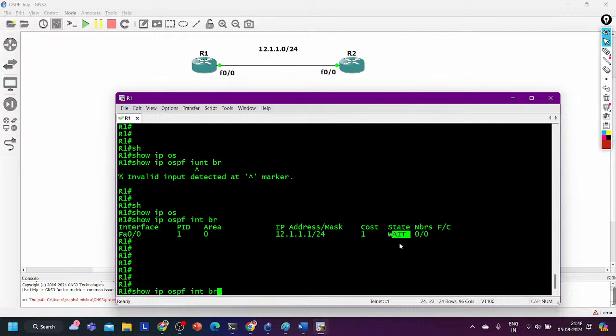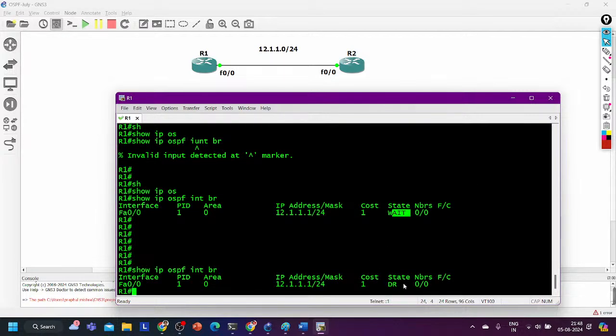This is the state of DR and BDR. Don't worry, we will see it later. Right now you can see this router is the DR, right? So there is one timer for DR. It will wait for the DR and BDR election for the defined timer, but if it does not receive any hello message with higher priority within that timer, then it will declare itself as DR, right?